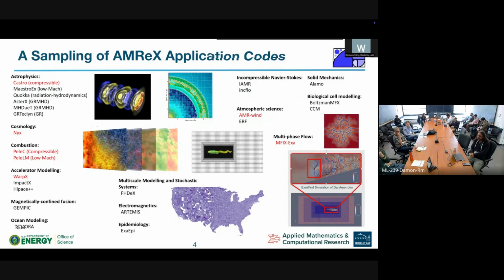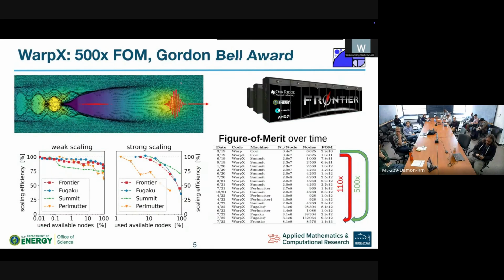So here is a sampling of AMReX application codes. I'm not going to talk in detail because we don't have time, but I'm going to highlight just one application, which is the WarpX code. It won the Gordon Bell Award a few years ago.